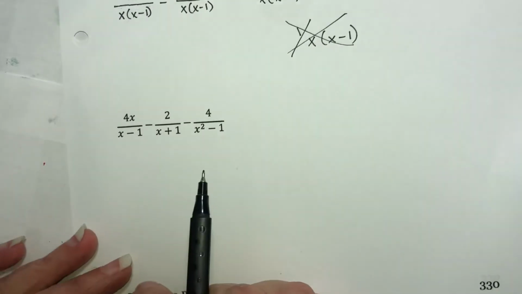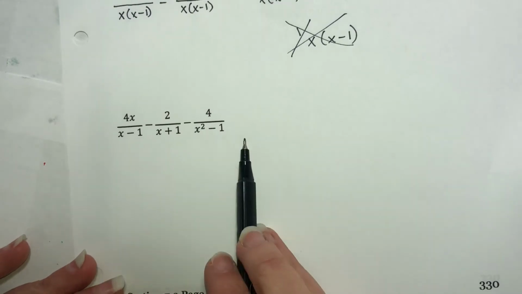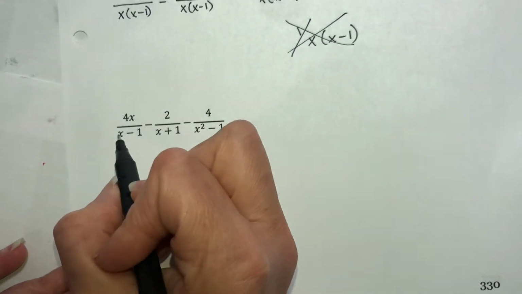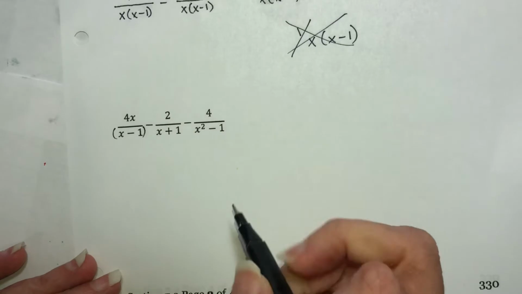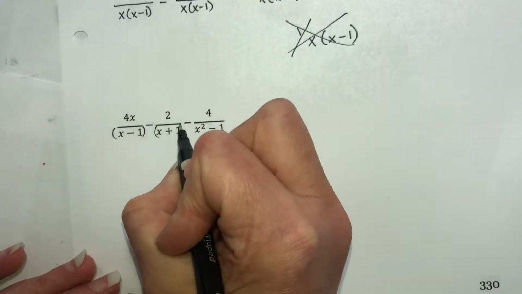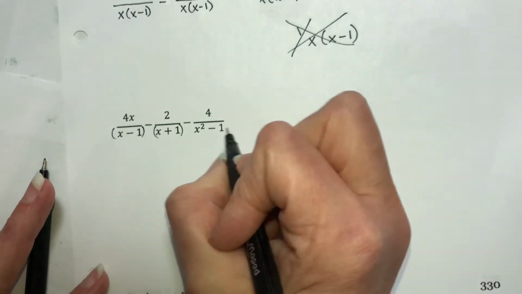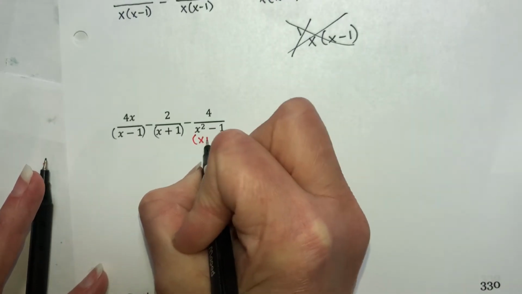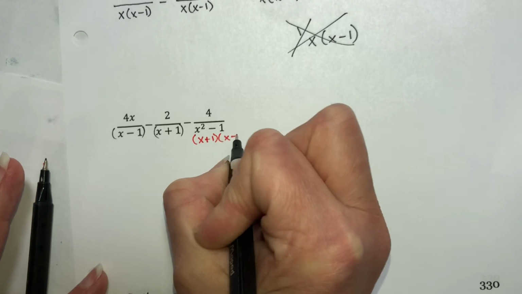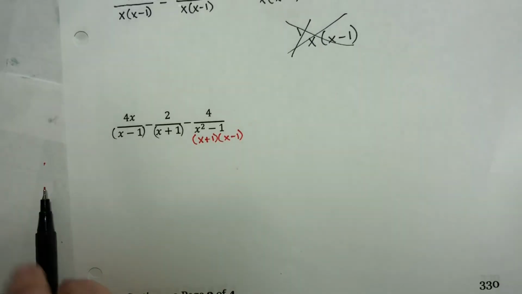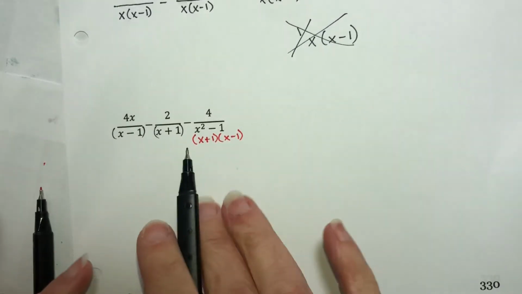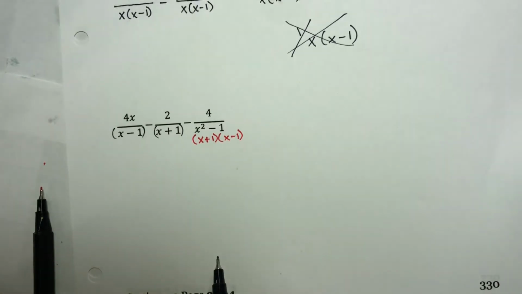Okay, so let's try this one. We have 3 denominators. X minus 1 does not factor. X plus 1 does not factor. But x squared minus 1, this is a difference of squares, and it factors as x plus 1, x minus 1. Rather than rewriting the whole thing, I usually just factor underneath.